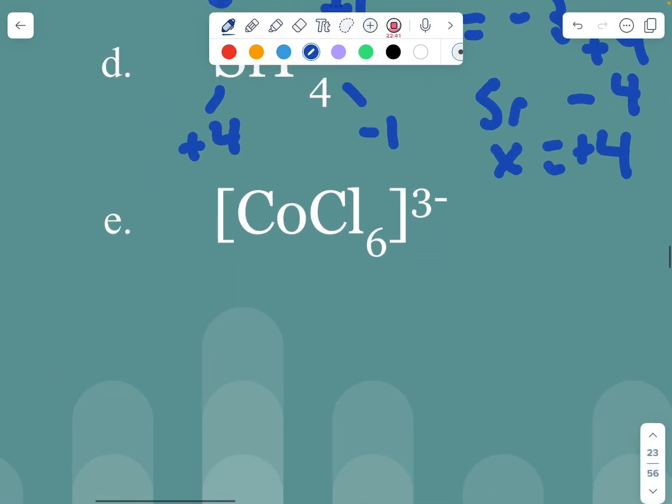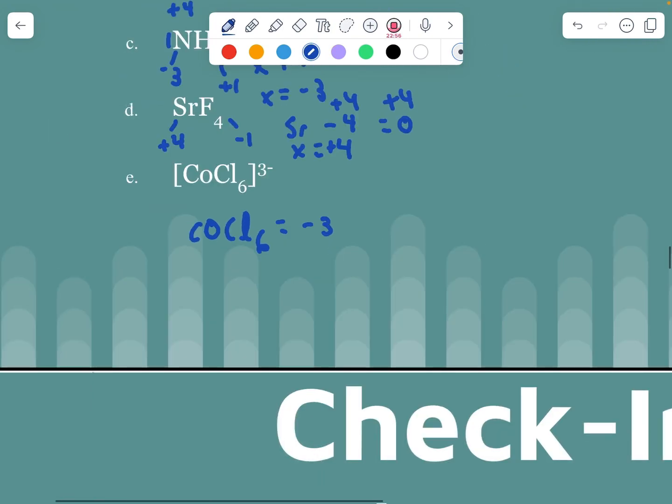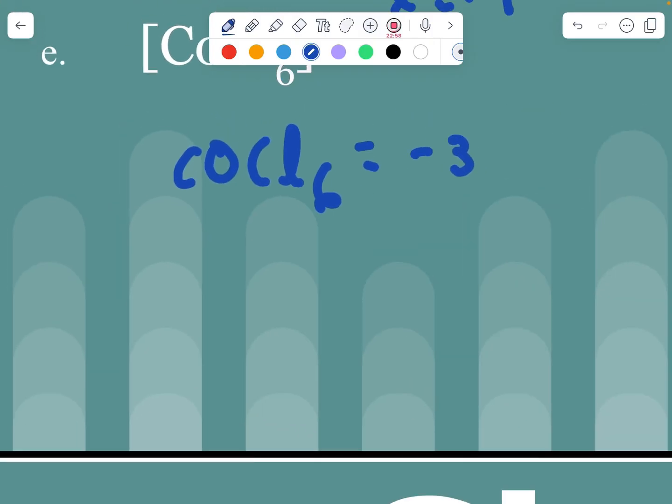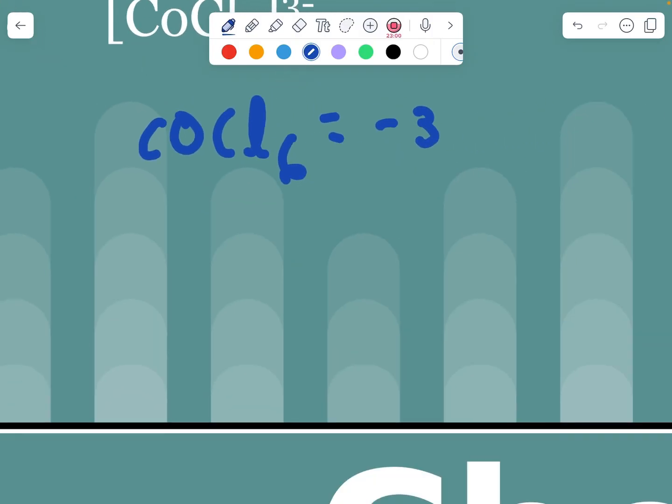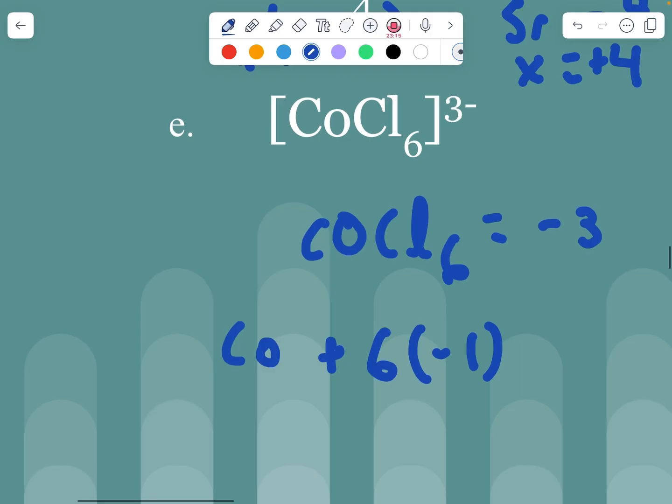Oh geez. Okay, so CoCl6, 3 negative. So this is a polyatomic. We can tell by the brackets and the charge. So we have CoCl6, and that will equal negative 3 when all is said and done. Usually, the oxidation number will follow the charge on the periodic table. So if we don't have any rules, we can usually say this will be 6 times negative 1, because chlorine has a charge of negative 1, plus Co, which is cobalt, and then that will equal negative 3.